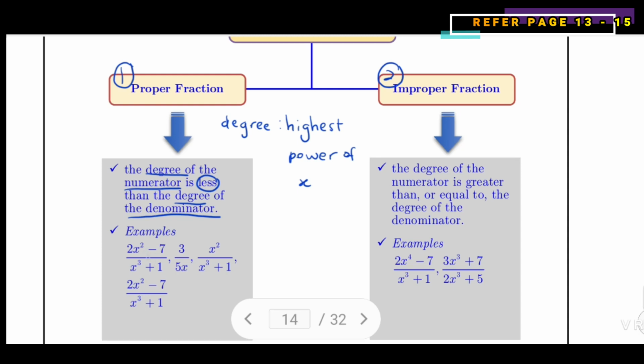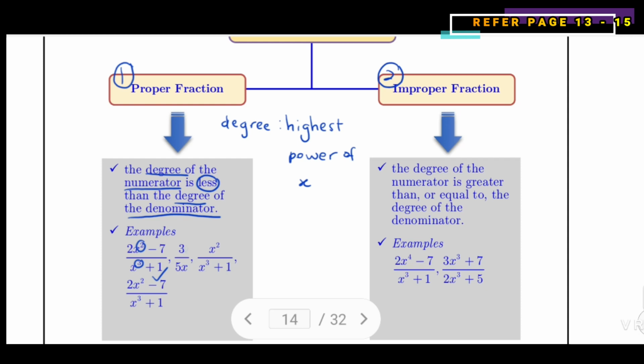Okay, so if you look at the example, 2x squared minus 7 over x cubed plus 1. In the numerator, the degree is 2, while in the denominator, the degree is 3. So the degree in the numerator is less than the degree in the denominator. So 2x squared minus 7 over x cubed plus 1 is a proper fraction.